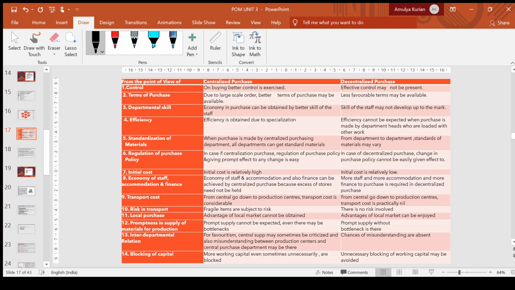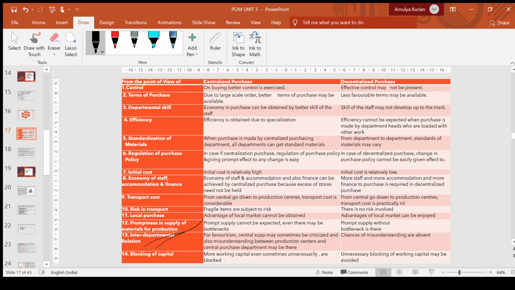but there are certain things which are really helpful in the case of decentralized. For example, the chances of interdepartmental relationship will be more in the case of decentralized, because the production unit is buying for itself, and they will have much more contact with other departments.